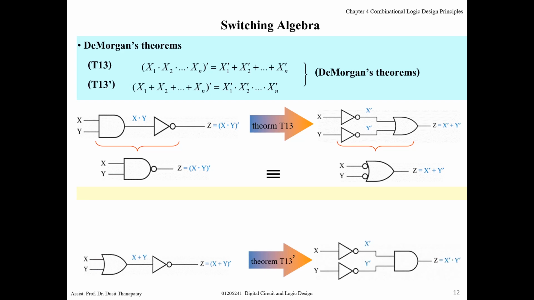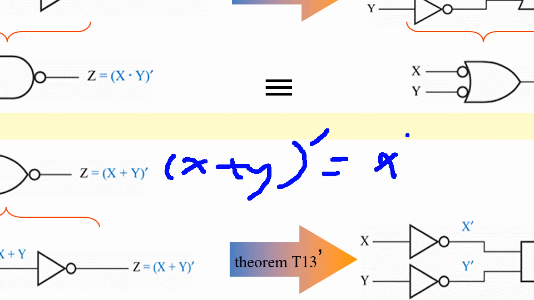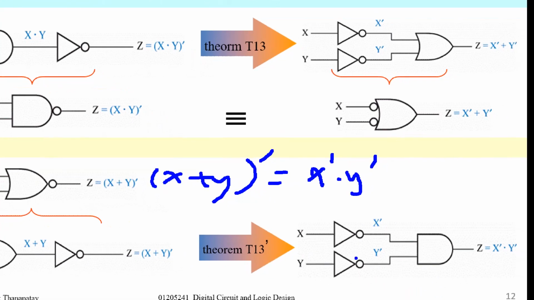For this one also, the invert of OR, you can use De Morgan's theorem to show the expression like this: (x plus y) prime equal to x prime and y prime, right? So to implement this one, you use inverters for x prime and y prime, and then AND together.